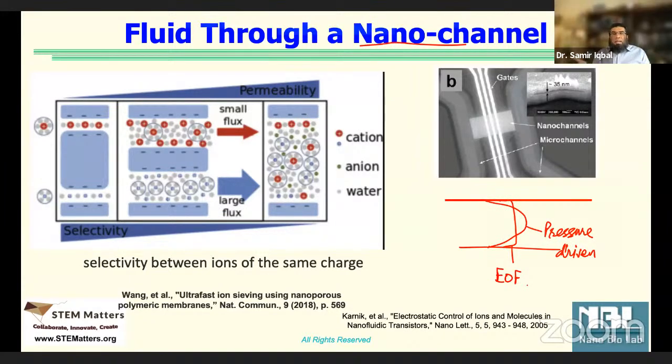Okay, so how do I find out selectivity? We take the sample out and look at the ionic concentration, and that tells us, positive versus negative, how many ions have made it to the other side. If you can dramatically increase one ion over the other, it means your pore has done selective transport. Or if it's DNA, we take the sample and run it through a gel and see what the sequences are and what the concentration of those sequences is.